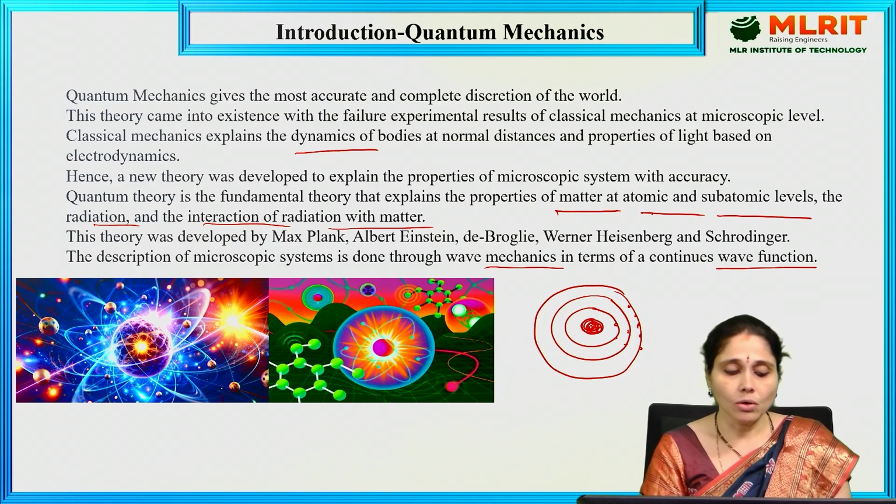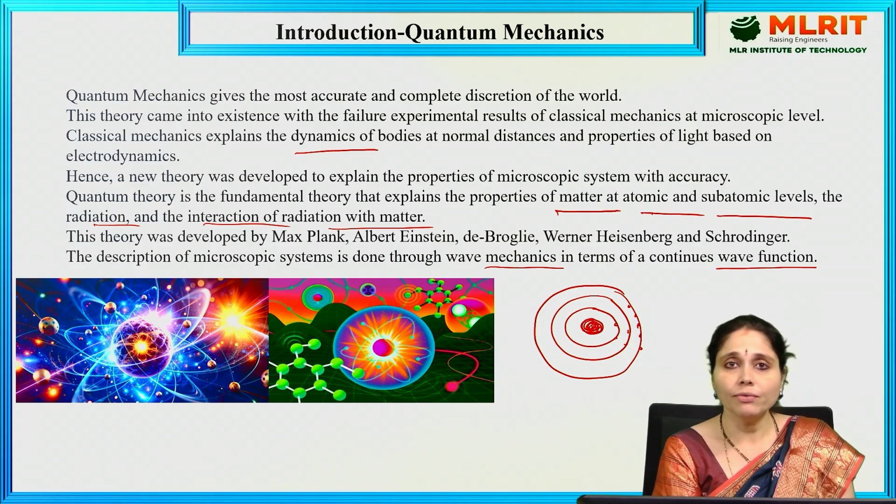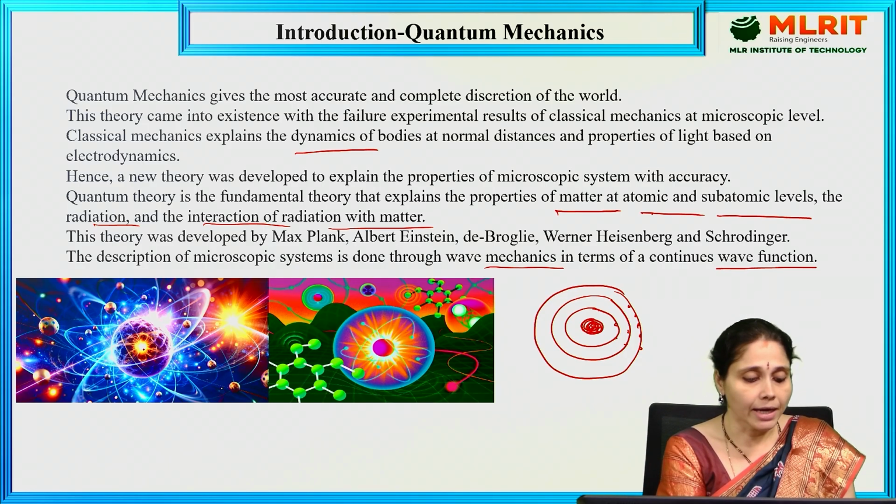Here the diagram depicts an atom with the nucleus at the center, and all the electrons revolving around the nucleus in particular orbitals.